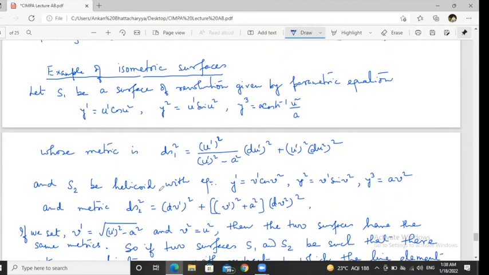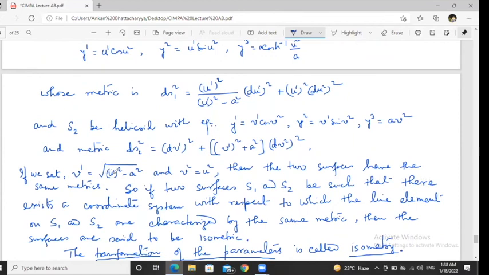And let S2 be a helicoid with equations y1 equals v1 cos v2, y2 equals v1 sin v2, and y3 equals a v2. The metric is given by this. Now, if we set v1 equal to the root of u1 square minus a square, and v2 equal to u2, then the two surfaces have the same metric.